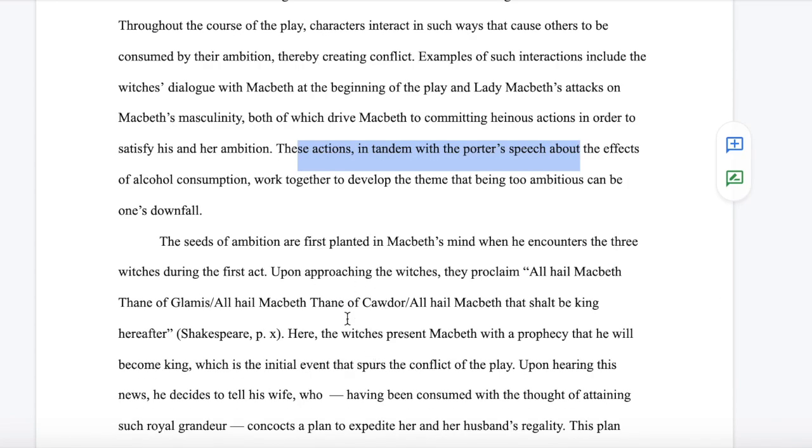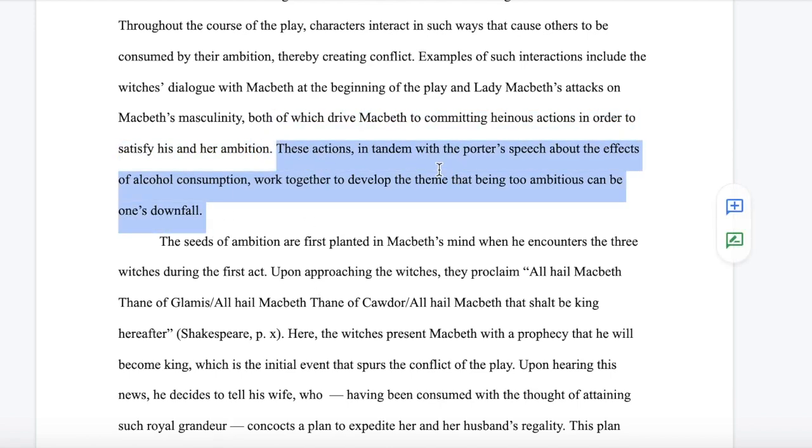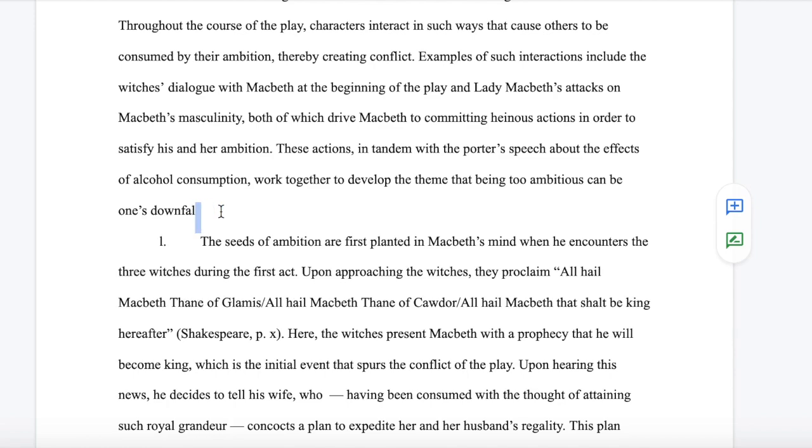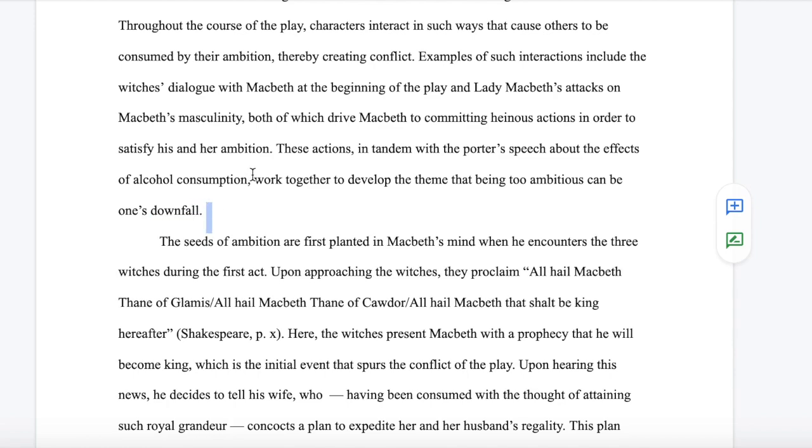Now, when you're going into the body paragraph, it is supposed to, again, elaborate on and/or provide proof for your thesis statement. So you're proving this or elaborating on it somehow in the body paragraphs. What you want to do to transition is either restate what your thesis is or have a subclaim that's drawn from your thesis.